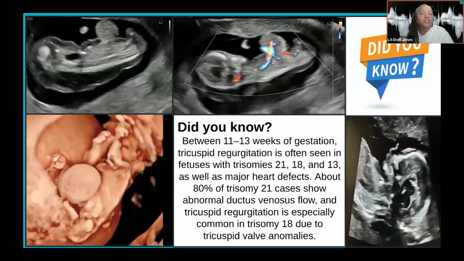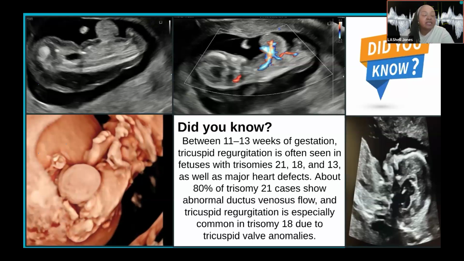All right, now we're going to start off with first trimester. Did you know that between 11 and 13 weeks, tricuspid regurgitation is often seen in cases of trisomy 13, 21, and 18. 80% of the trisomy 21 cases will show an abnormal ductus venosus flow.